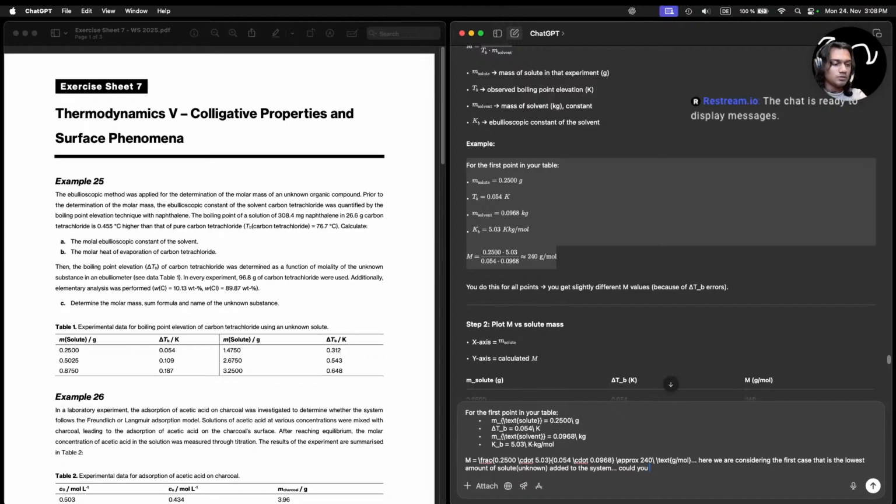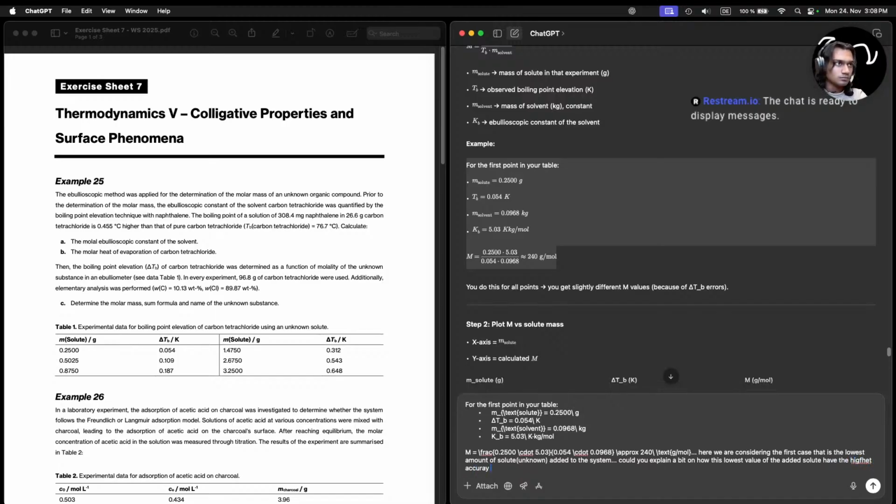Could you explain a bit on how this lowest highest accuracy for.